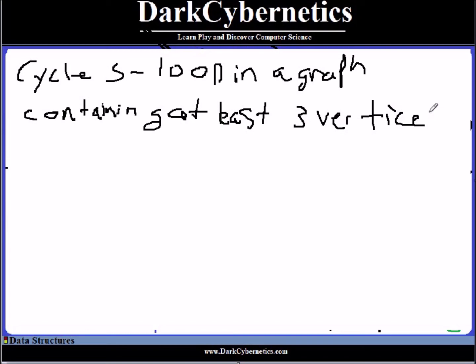It has to contain at least three vertices to be considered a loop, or a cycle. And I put that up here at the top. This is for a single cycle, right? It has to contain at least 3 vertices to be considered a cycle. Let's really try to underline this.